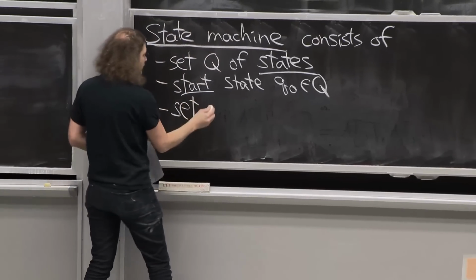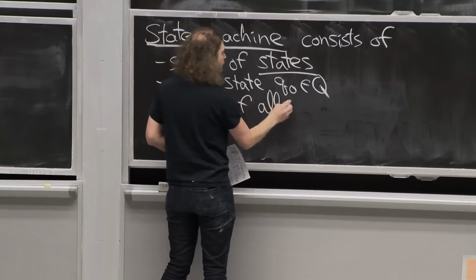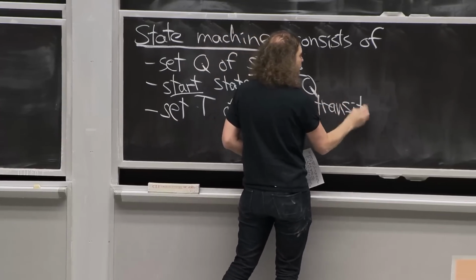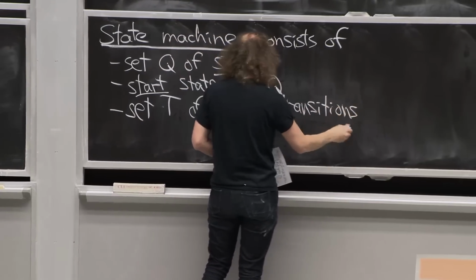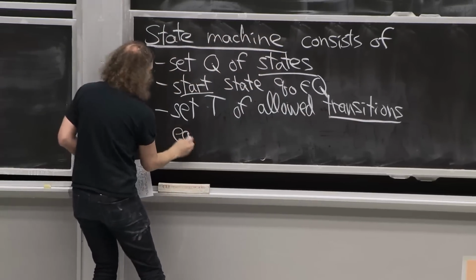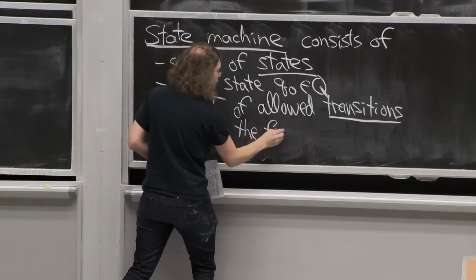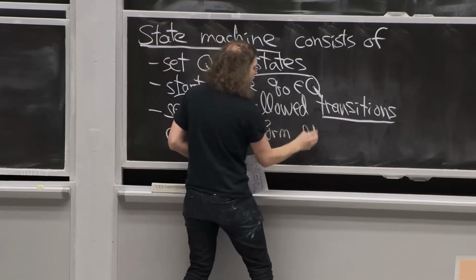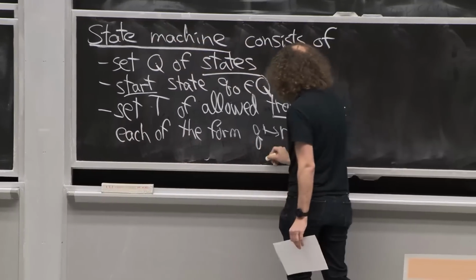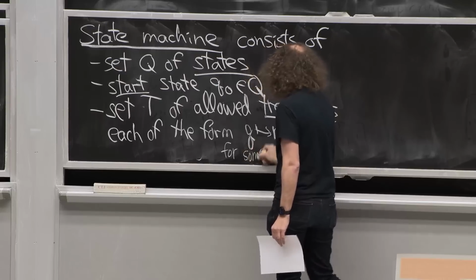And then we are allowed some transitions. And we're going to write a transition as Q arrow R for some Q and R that are states.